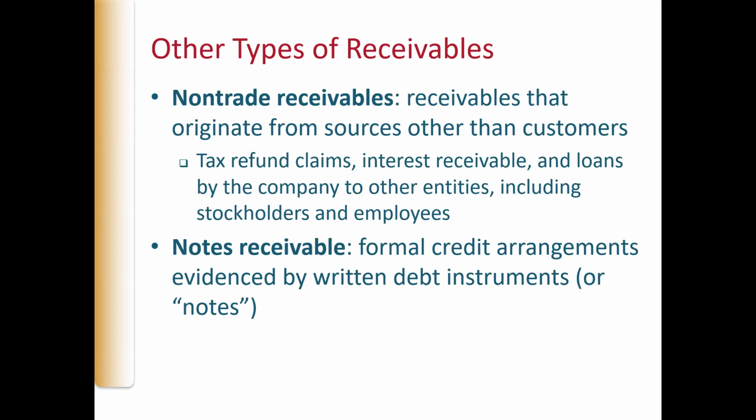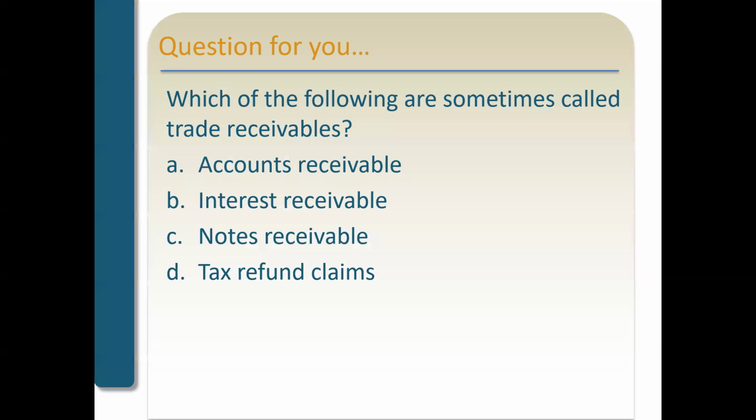Notes receivable are formal credit arrangements evidenced by a written debt instrument. So what that means is a note receivable is a legal document where it is stated so-and-so owes so-and-so, and they have an interest rate attached.